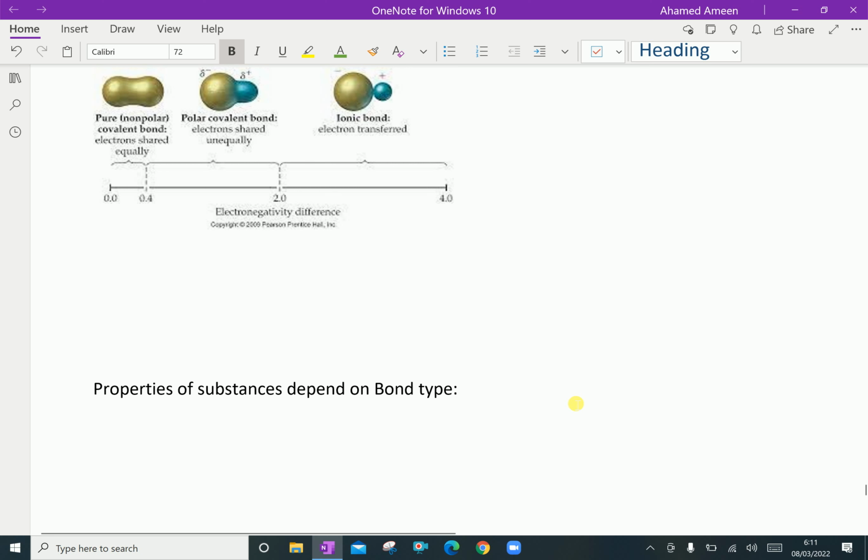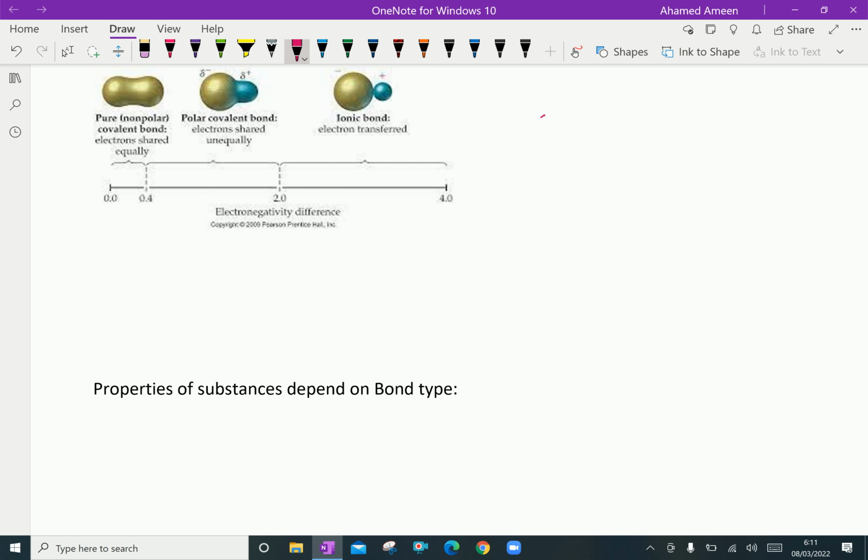We can write it here. Electronegativity 0 to 0.5, this bond is non-polar. Then 0.5 to 2.1 is polar.